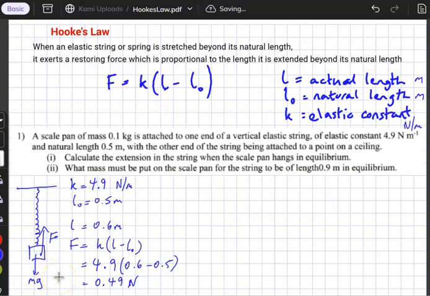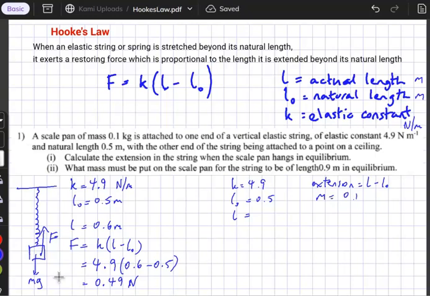So let's look at the question. Here, calculate the extension if it hangs in equilibrium. We know that k is 4.9. We know its natural length is 0.5. We're wanting to work out what its new length is. Now, the extension is going to be the difference between those two values. And we know the mass in this instance is 0.1.